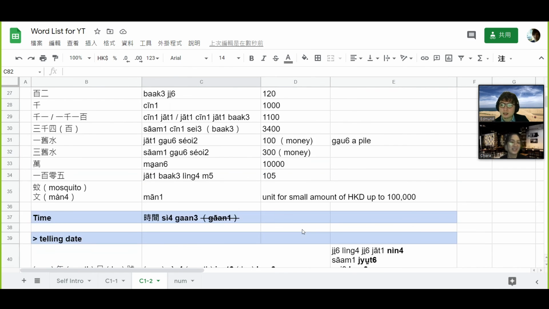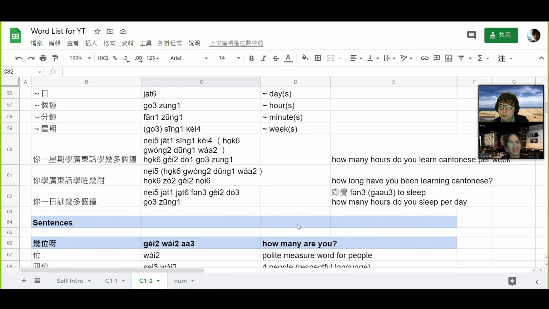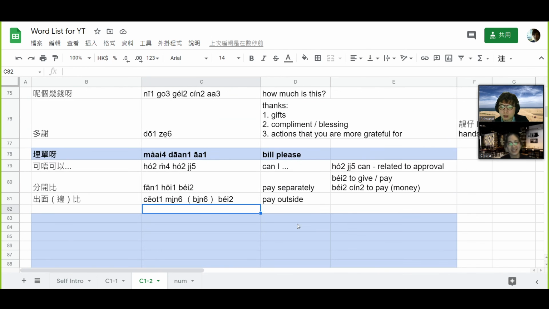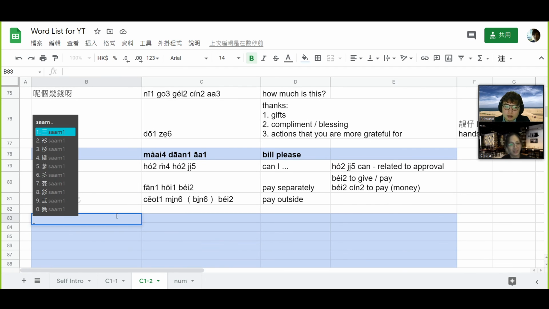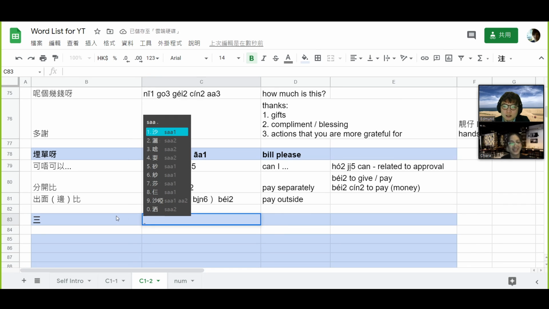No question? Okay. Just one small thing, I want to mention a bit about your pronunciation. Your S sound sounds very breathy, if you understand what I mean. It's like sam, like that.